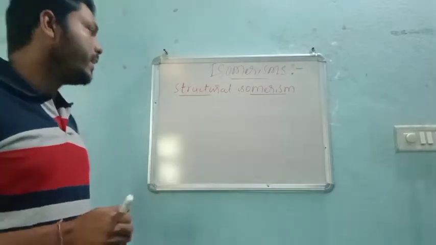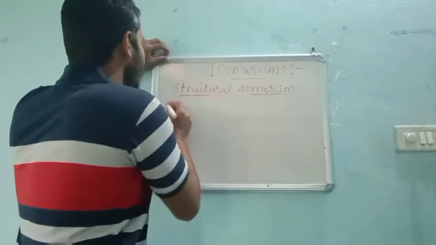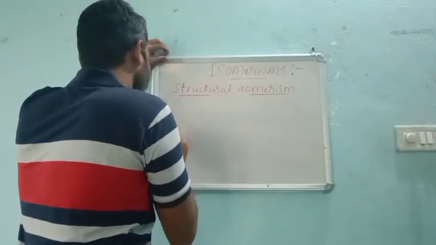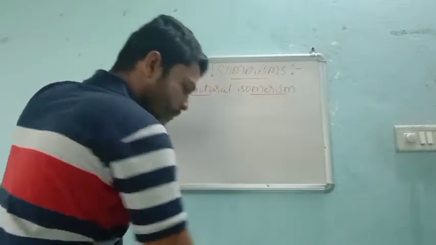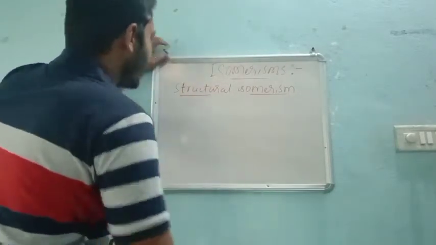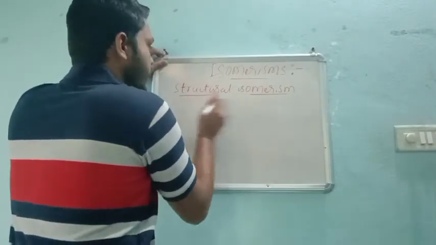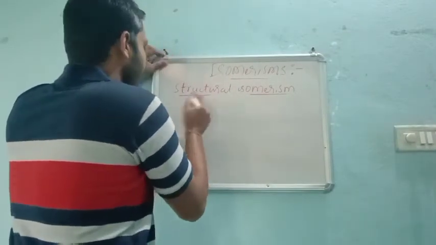These structural isomerisms are again classified into four types. Before going to the four types, I will just write the definition so that you can understand the meaning.